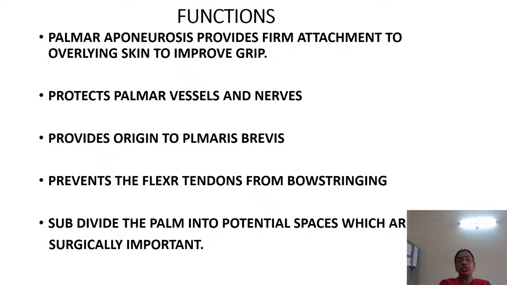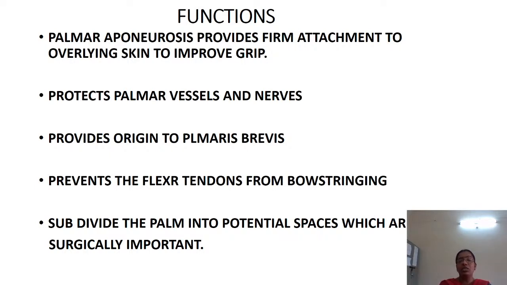When you see the functions of the palmar aponeurosis, which is a degenerated extension of the palmaris longus tendon, what is its function? The palmar aponeurosis provides firm attachment to the overlying skin to improve the grip. Whatever things you are catching, the grip is aided by means of the palmar aponeurosis.